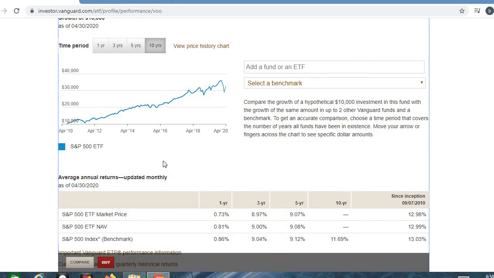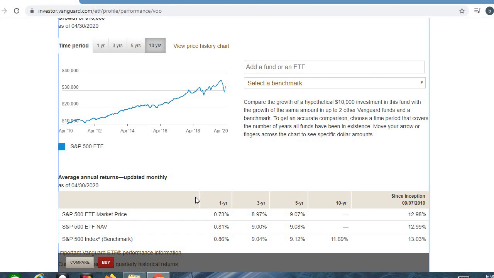And for the 10-year period, if somebody invested $10,000 in April 2010, after the Great Recession, now in April 2020, a month earlier, it will become $32,480.